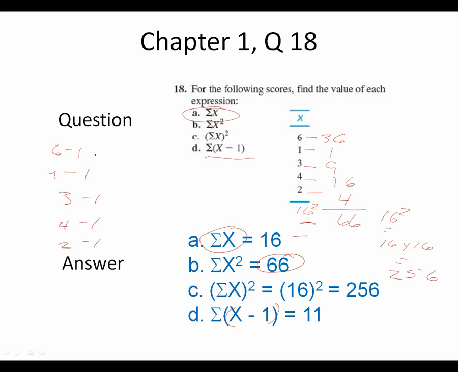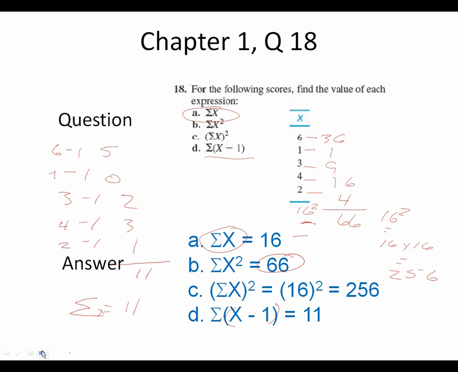And what do I get? I get 5, 0, 2, 3, 1. I add them up, and I come up with a grand total, or a summation. Don't forget that sigma equals 11.